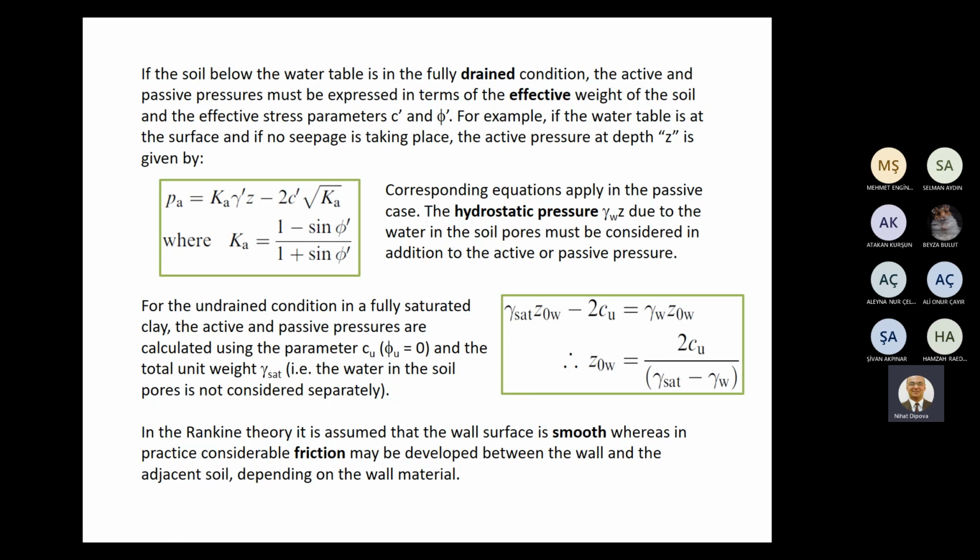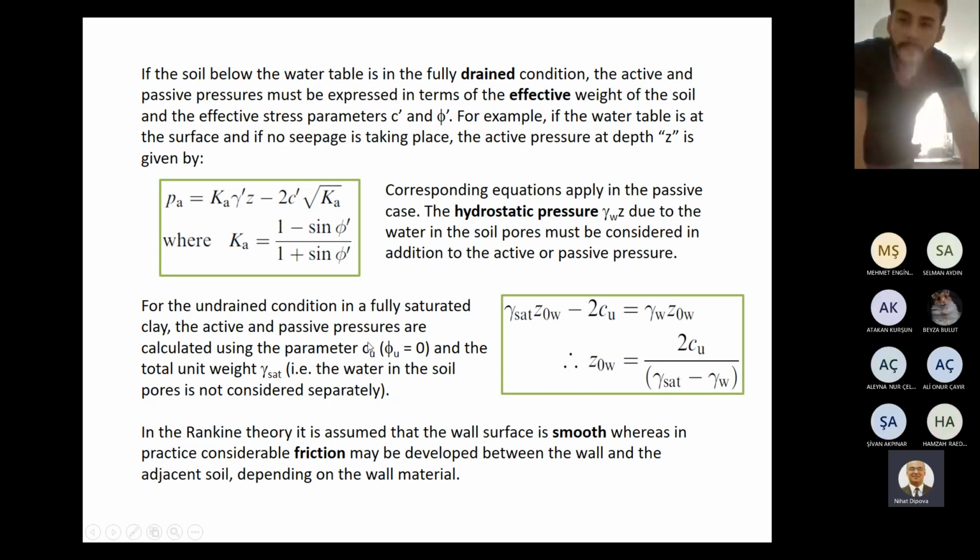The hydrostatic pressure gamma Wz due to the water in the soil pores must be considered in addition to the active or passive pressure. For the undrained condition in a fully saturated clay, the active and passive pressures are calculated using undrained shear strength.